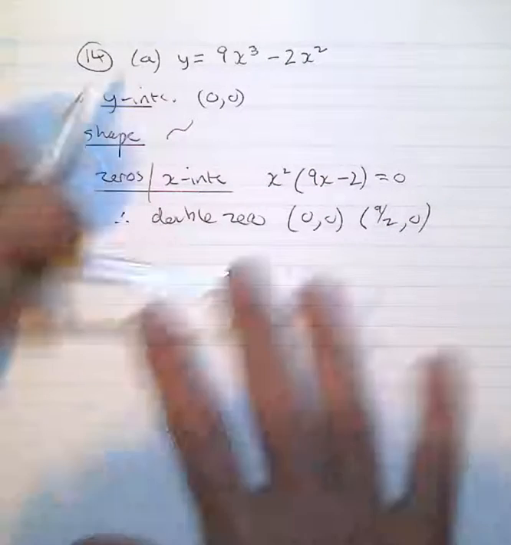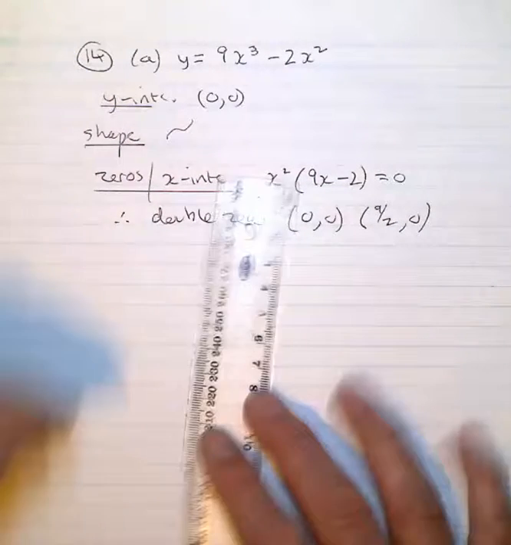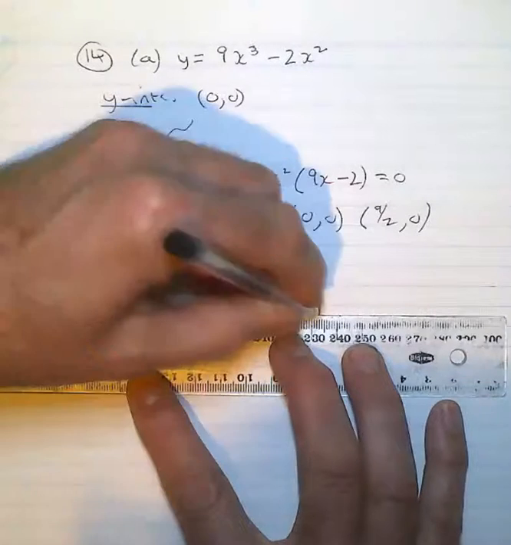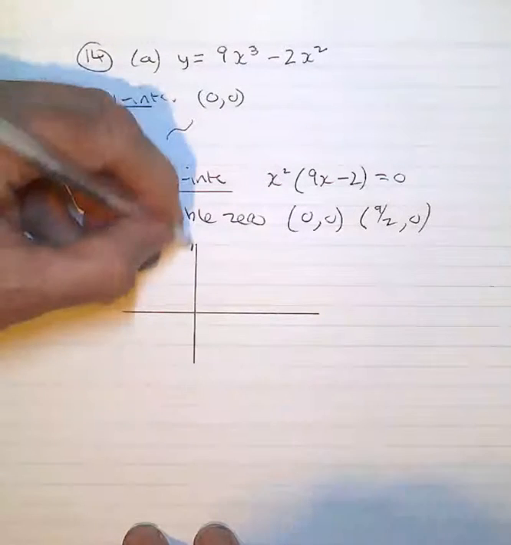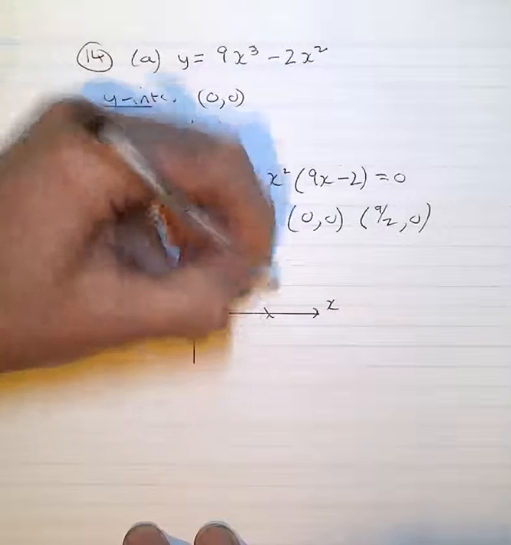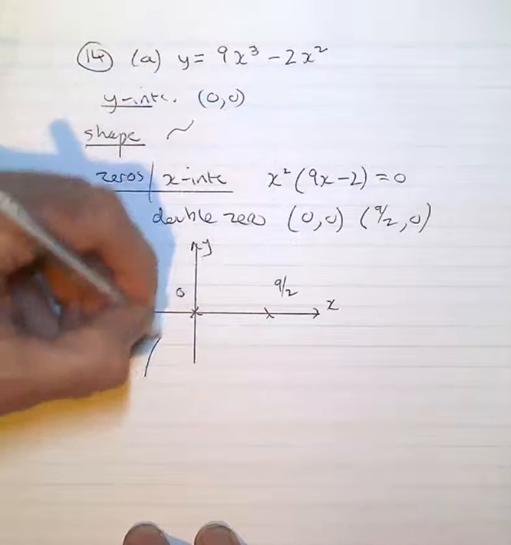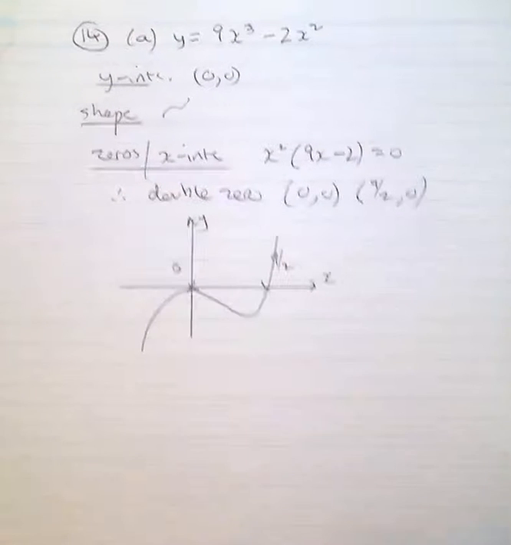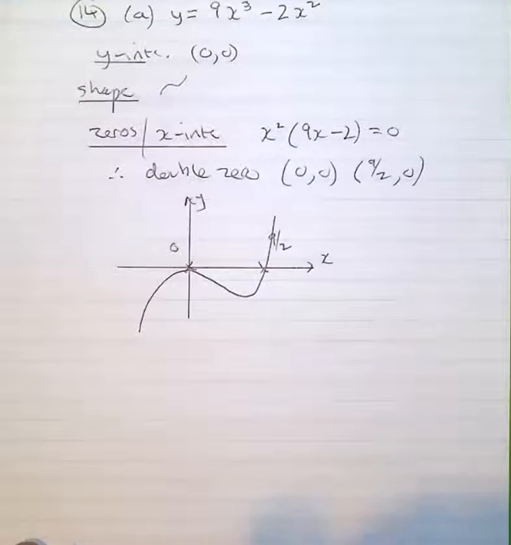I now have enough information in order to sketch that graph. Not a lot of details required for a graph like this. Like so. A neat little question though to start off this exercise.